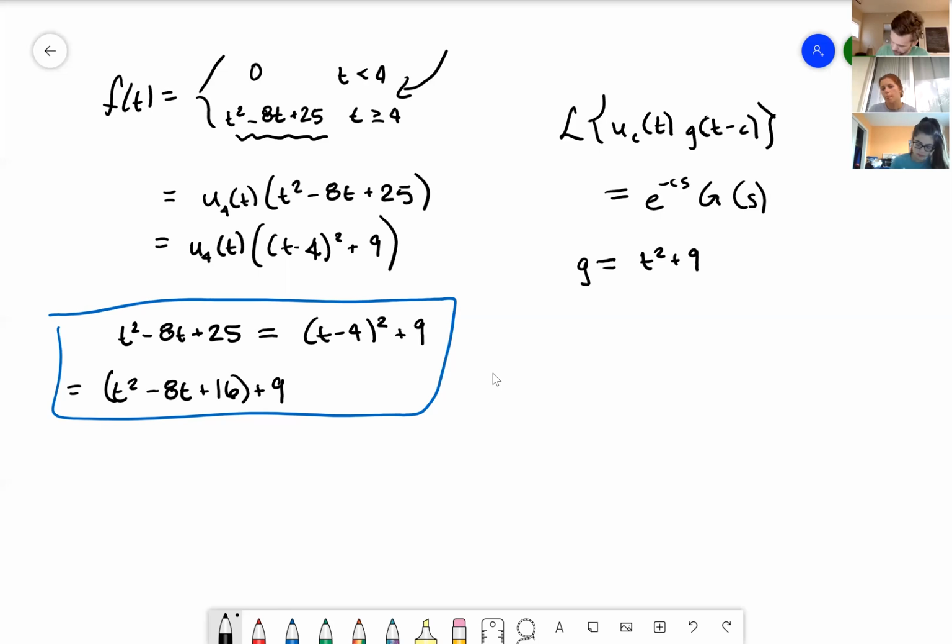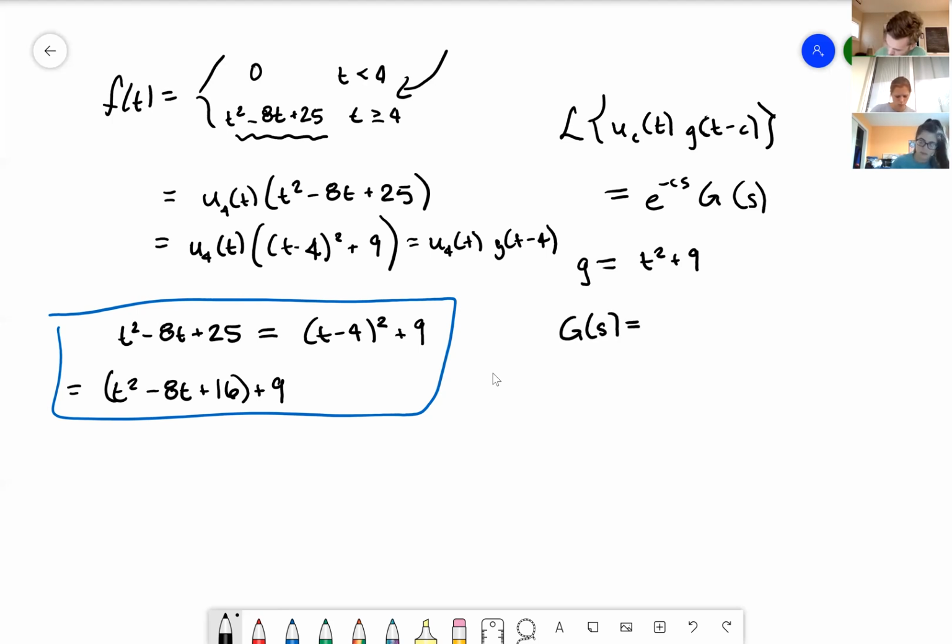Because that would be u4 of t, g of t minus 4. That were g. So I'll look up t to some power.